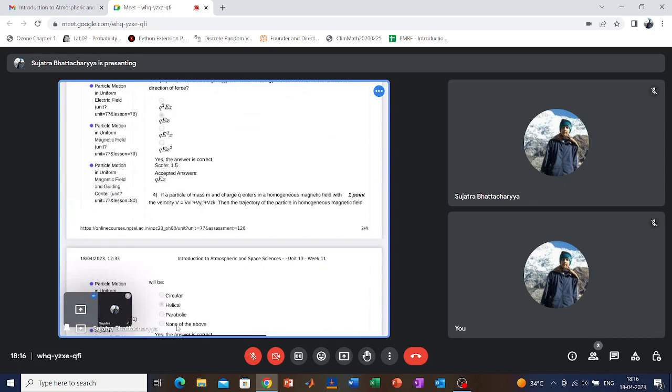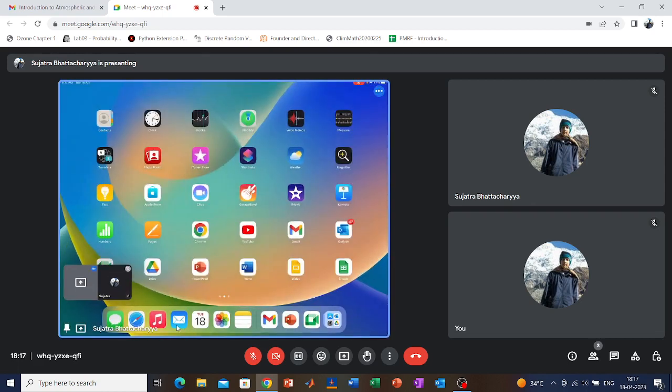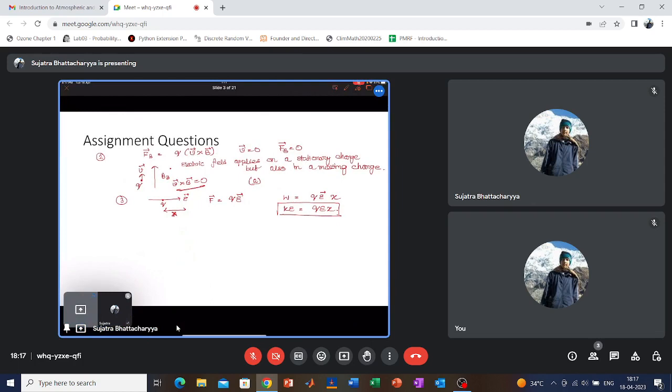Fourth question: if a particle of mass m and charge q enters a homogeneous magnetic field with velocity Vx i, Vy j and Vz k, then the trajectory of the particle in a homogeneous magnetic field will be, as we all know, helical. How is it helical? Because in the x and y directions it forms a circle, and in the z direction it moves linearly with time.